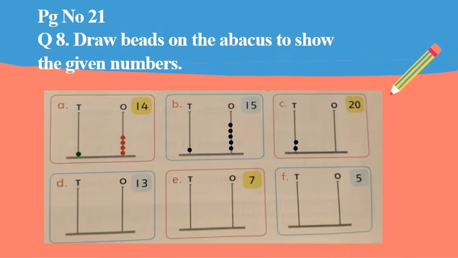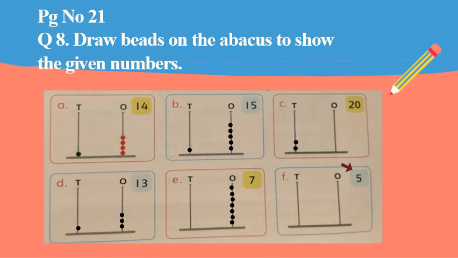In part D we have number 13. So we will draw 1 bead in the tens column and 3 beads in the ones column. 1, 2, 3. We have number 7 in part E. So we draw nothing in the tens column and 7 beads in the ones column. 1, 2, 3, 4, 5, 6, 7.